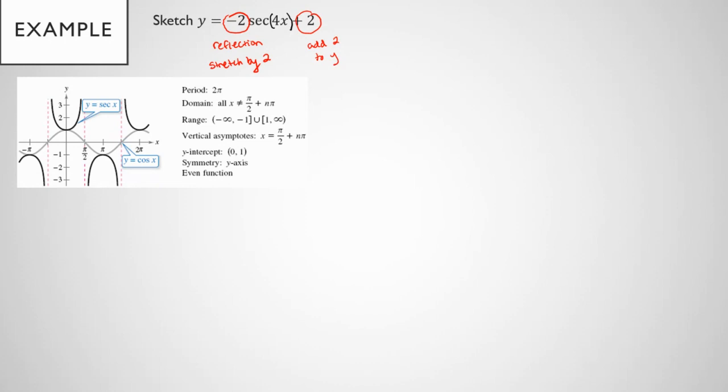These two transformations go hand in hand. On our graph, I have 0, 1 on the original secant graph. The first thing we do is the multiplication, so that will transform it to 0, -2, because you multiply your y value by -2 since that's what's in front.